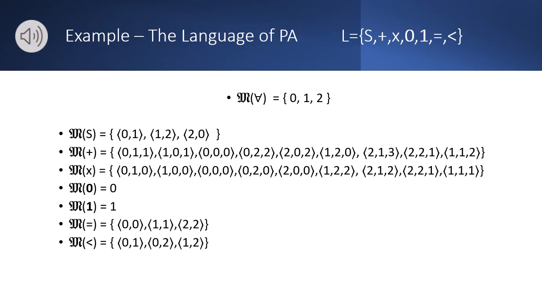The identity predicate has to be the same in all possible first order structures. So here it's just going to be those pairs 0, 0, 1, 1, and 2, 2. And then the less than relation, in this case, just puts together all those pairs that make the less than relation true. So 0 is less than 1, 0 is less than 2, and 1 is less than 2. And that's all we include in this particular setup.